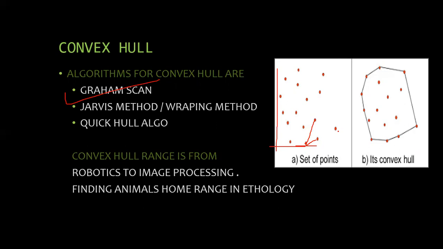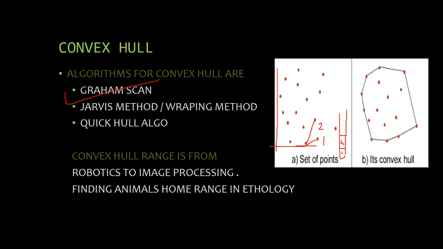Calculate the angle and place the anti-clockwise points in the stack. Suppose we consider the stack here, and this is point 1, this is 2. We calculate the angles, and the one having the highest anti-clockwise angle, we put it here.